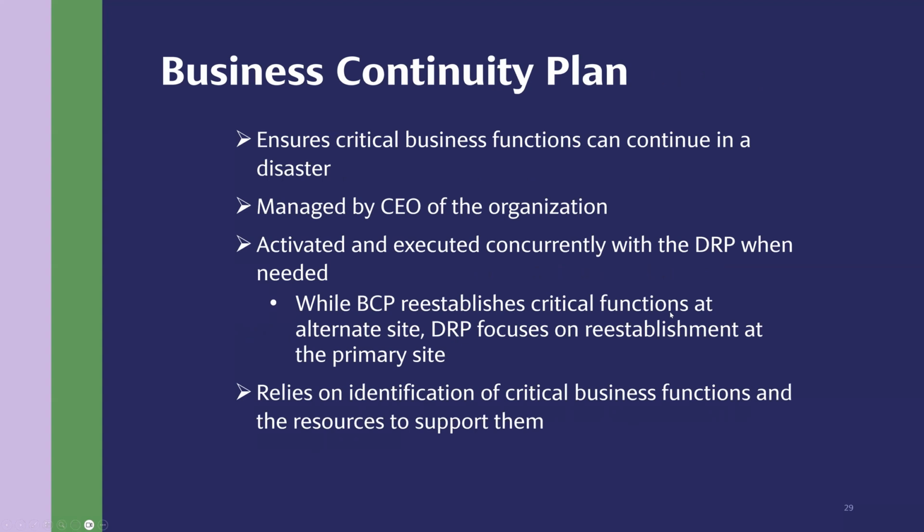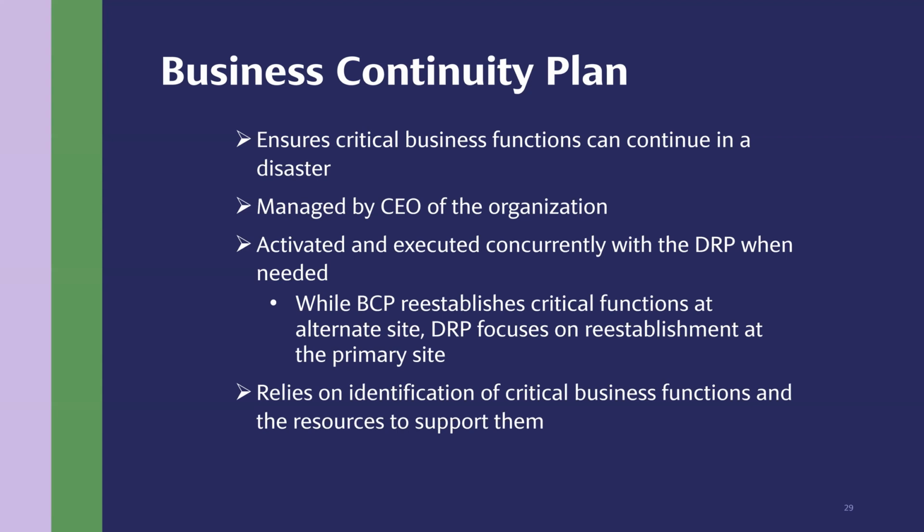So next is BCP, business continuity planning. BCP is about this: if the impact is out of control and you cannot perform all operations on the primary site, then you need to relocate to an alternative site. Then the business continuity plan comes into the picture.